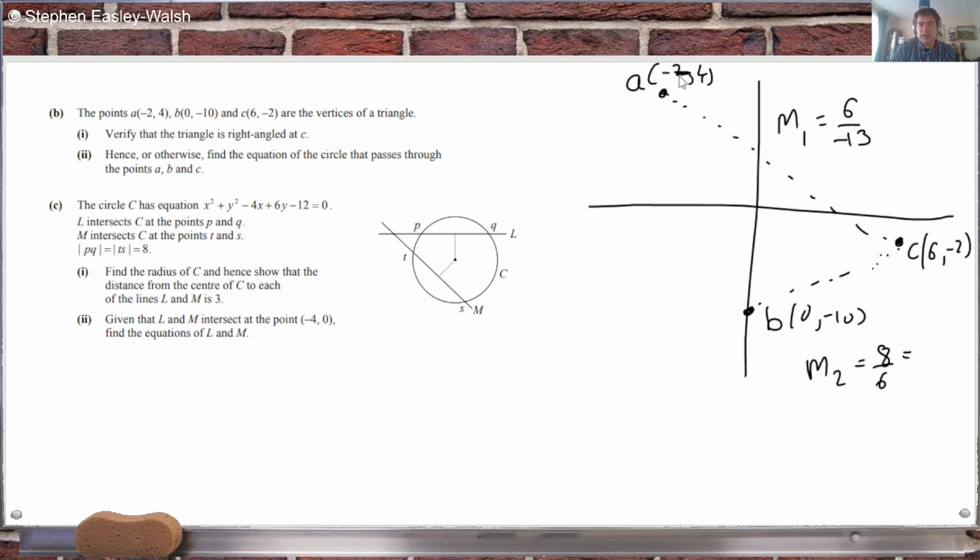That's -2. Did I think it was a 7? I did, didn't I? Minus 8. So m1 times m2 equals minus 1. So therefore perpendicular. So that's fine.